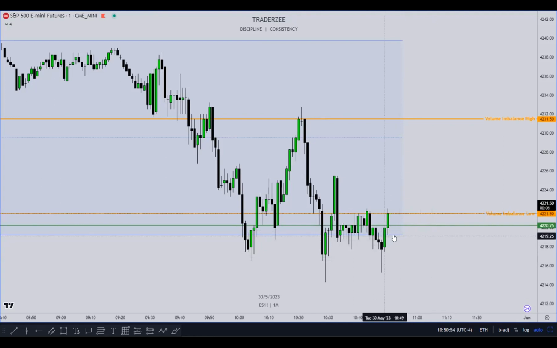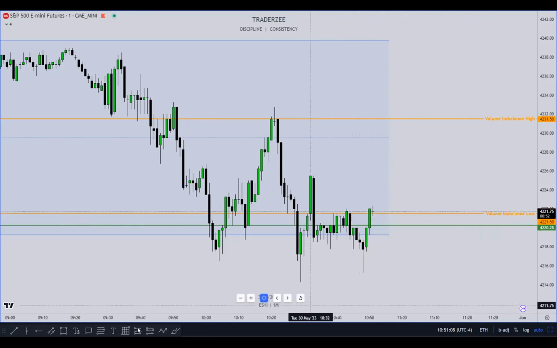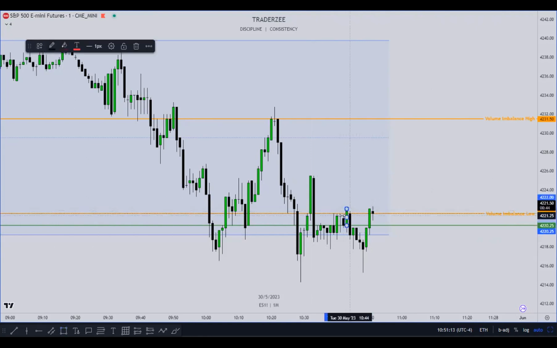I like that. Just still finding support with the new week opening gap low. We have a breaker here as well as this volume imbalance low. So we'll see how price reacts. Okay.